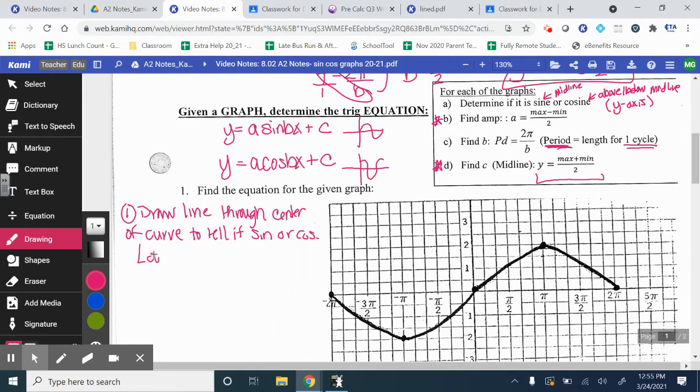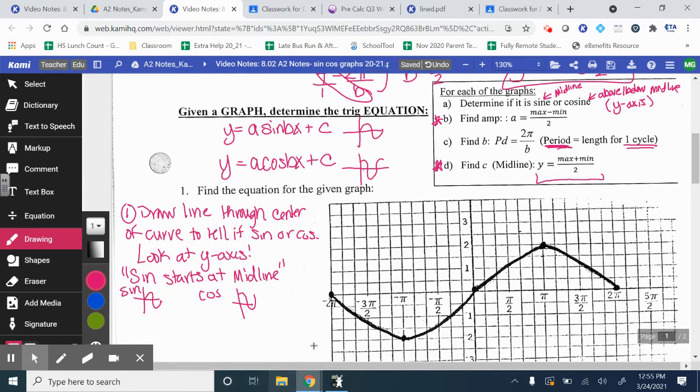And here's where I want you to look at the y-axis when you decide. Also remember, sine starts at the midline. So sine is like this, and cosine starts above or below.